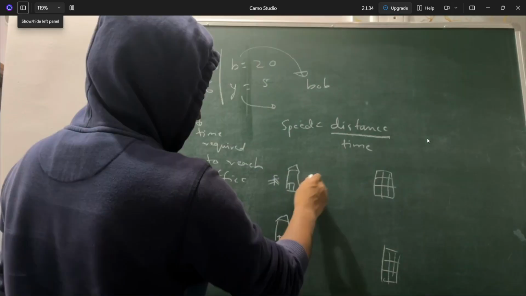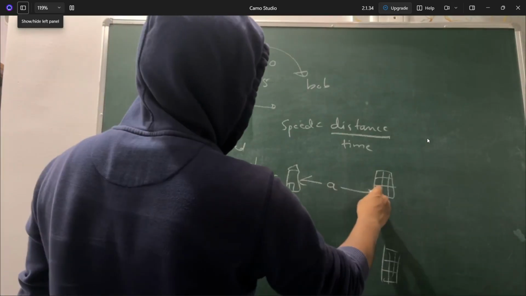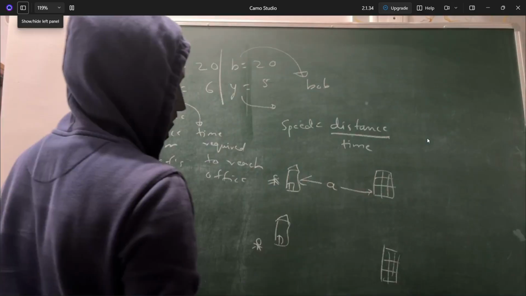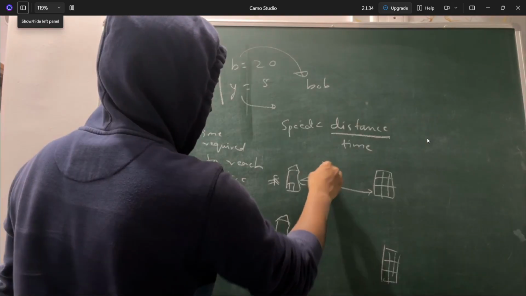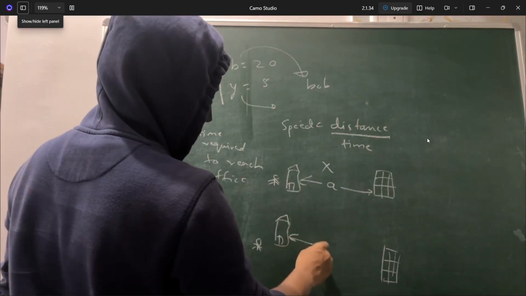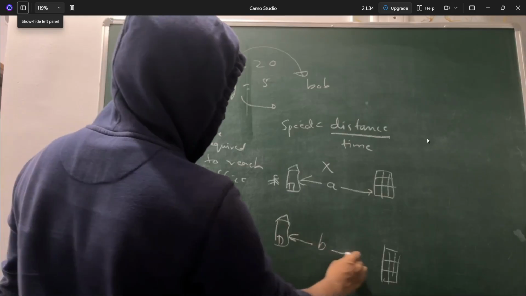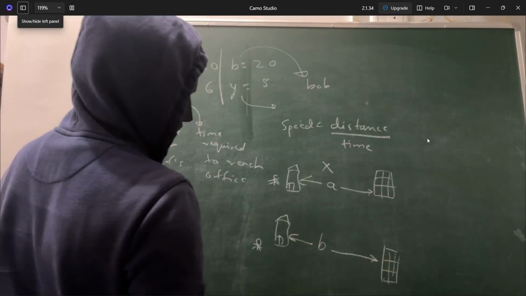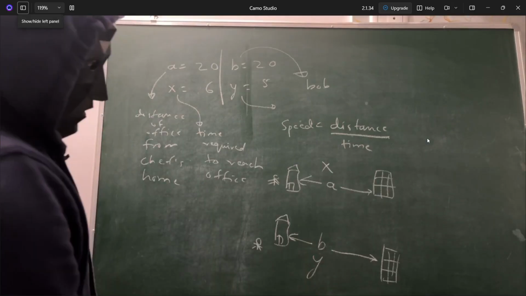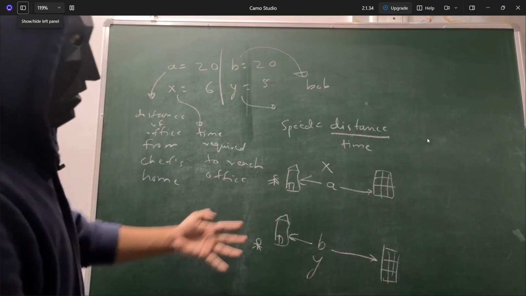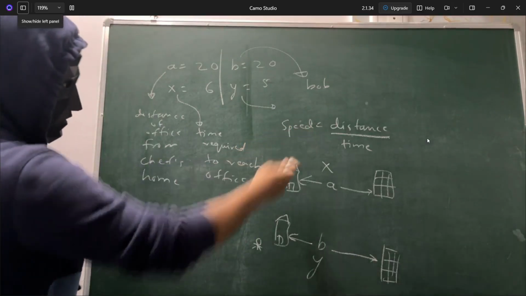The distance between Alice's home and office is a kilometers, and the time required to reach is x. In the same way, the distance between Bob and his office is b kilometers and the time required is y. So how do we find who is driving faster? We can use that speed is equal to distance by time.